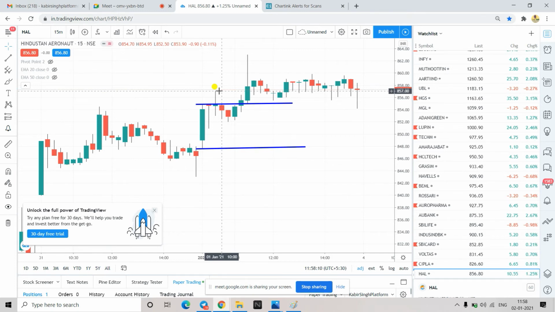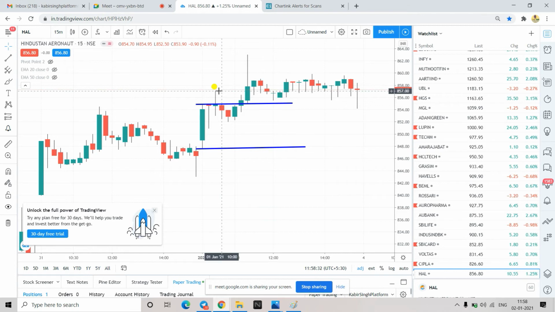There you have to enter with an SLM order, a stop loss trigger price order. You will only enter after 857, so whenever the price goes above that, only then your order will get executed, otherwise it will not get executed.